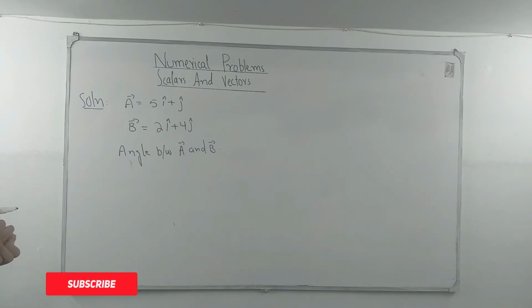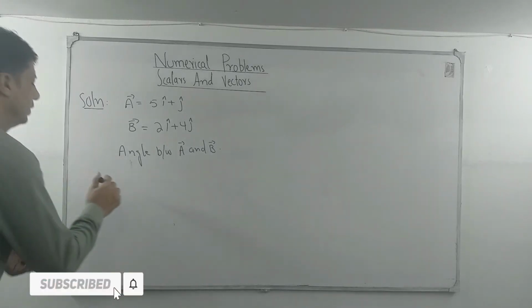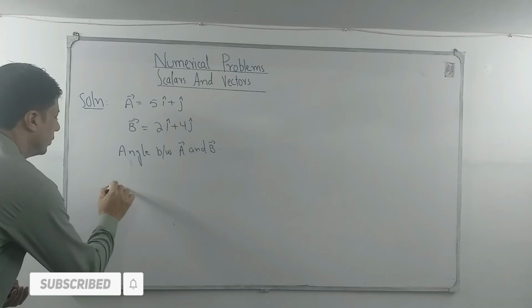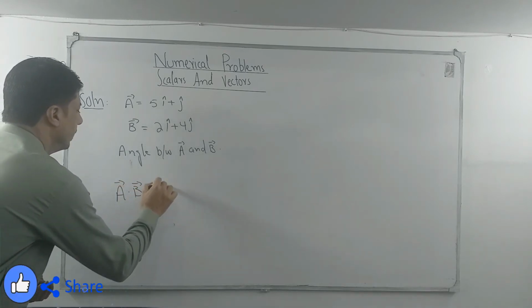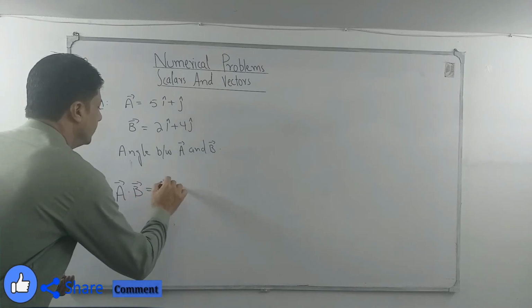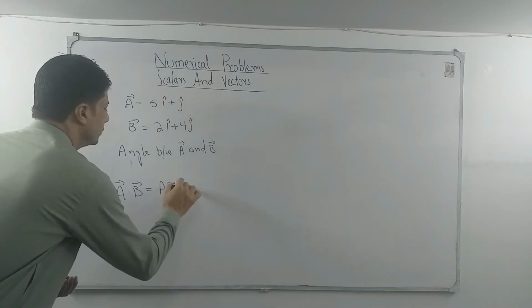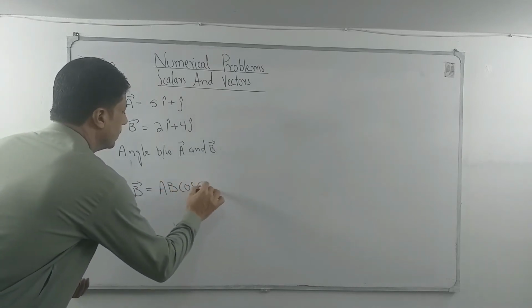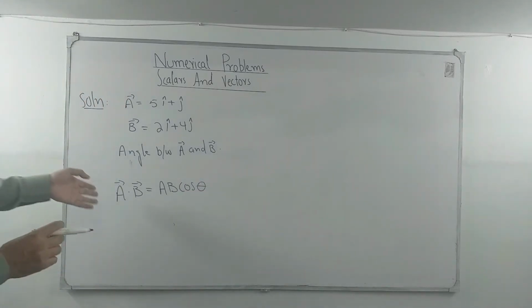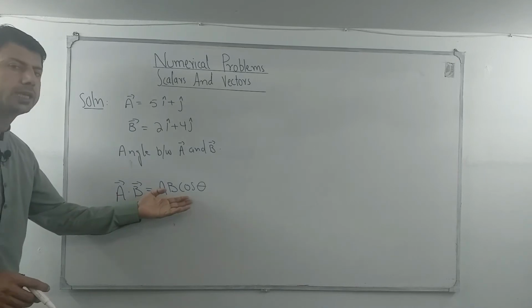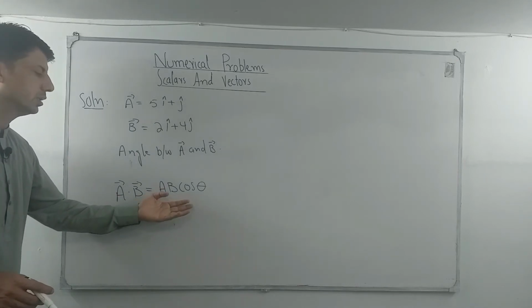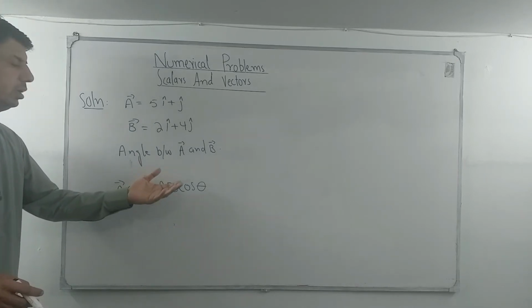There is a formula of the scalar product, and that formula is A dot B is equal to magnitude of A times magnitude of B times cos theta. This is the formula for the scalar product, or dot product.